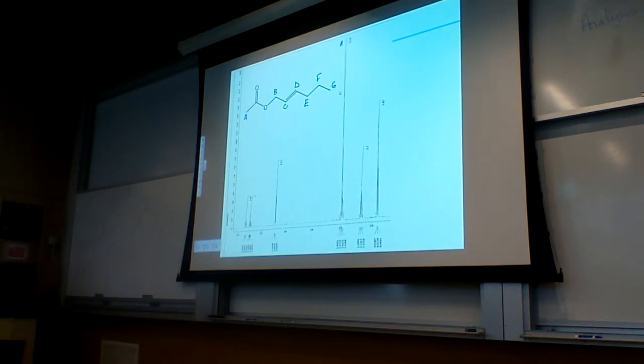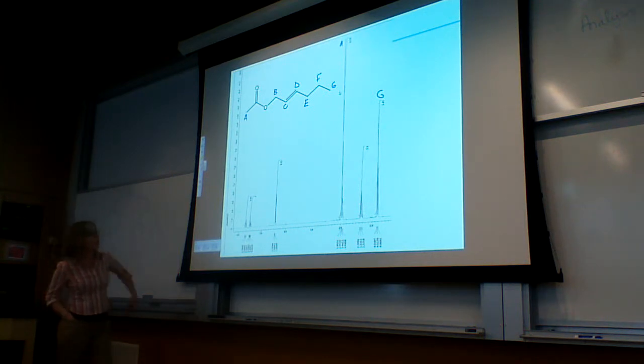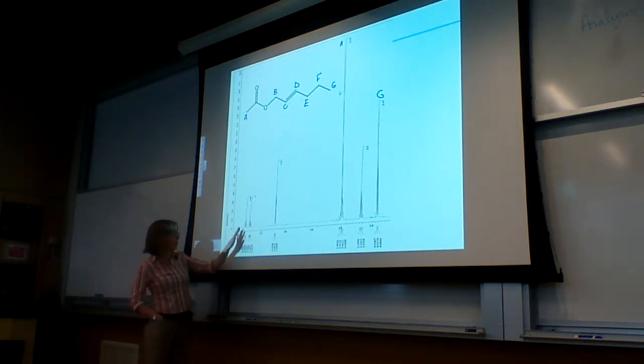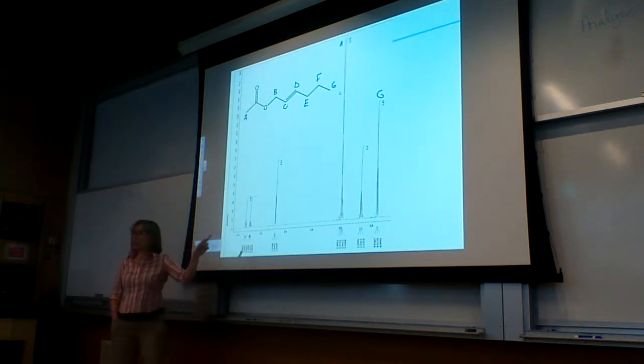The other easiest one is our end of the chain G, because it's a nice triplet, and we know that it has 2 neighbors, so that would split that into a triplet. We know, based on chemical shift of 5 to 6, that these 2 are alkene. At this point, we may not know which is which.